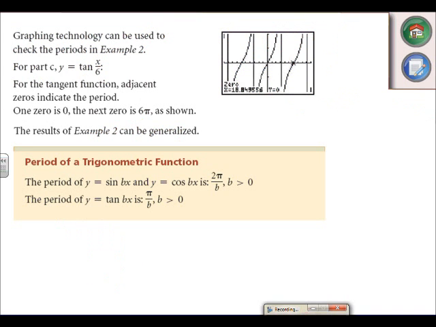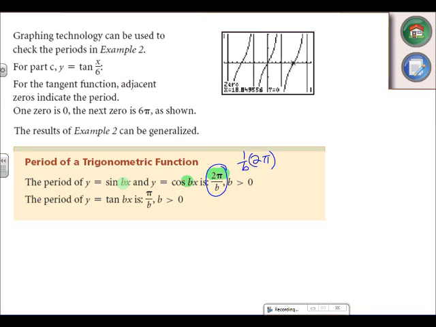The bottom of page 517 there gives you this. The period of sine and cosine should be 2 pi. But whatever b value we have in there, whatever stretch factor we're doing, is really going 2 pi, the original, multiplied by 1 over the b value. So 2 pi over b.